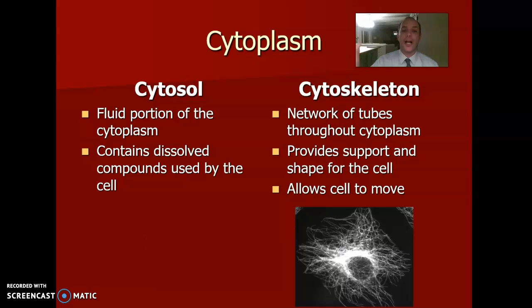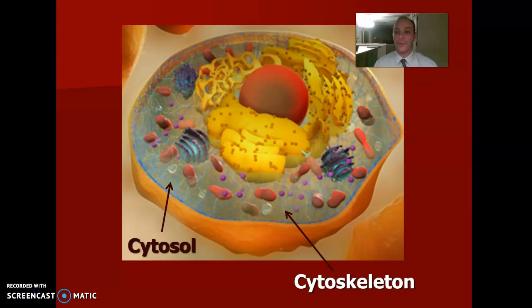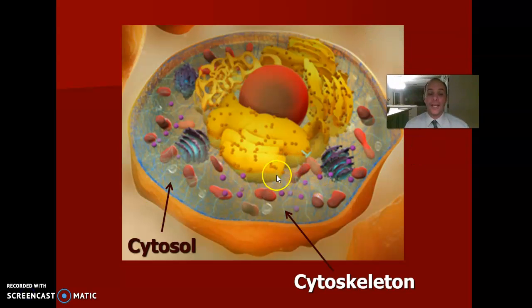Now, on your third column, it says drawing. You do not have to draw any of these through CAMI unless you want to, but that's not required. So now look, let me move myself over here. In this diagram, you can see the cytosol, which is the liquid, and then you can see the cytoskeleton, which is these little tubules, these little lines. Many diagrams are not going to show you that, but you have to know that they're there.